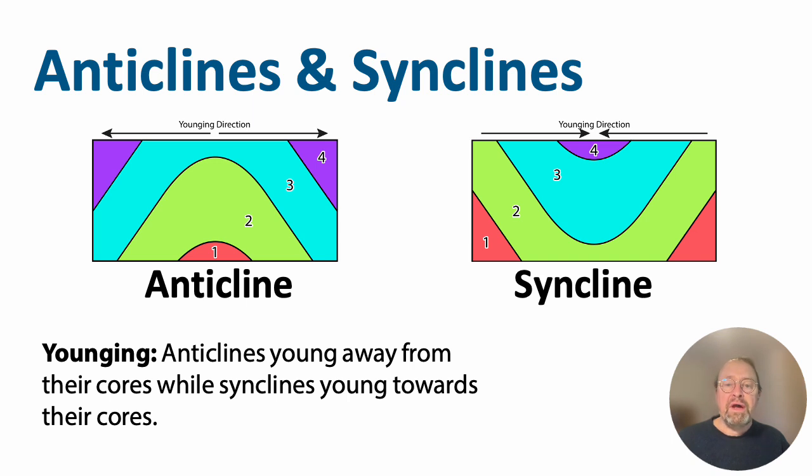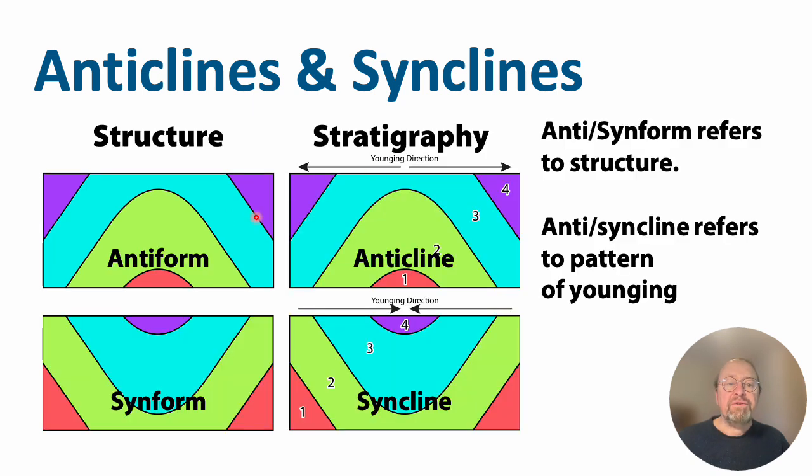So you might wonder why on earth there is a difference between the antiform and the anticline. Well, you have to have this younging direction for it to be an anticline. It is possible that if you folded a sequence of rocks that were already upside down, you could generate an antiform which would not be an anticline.